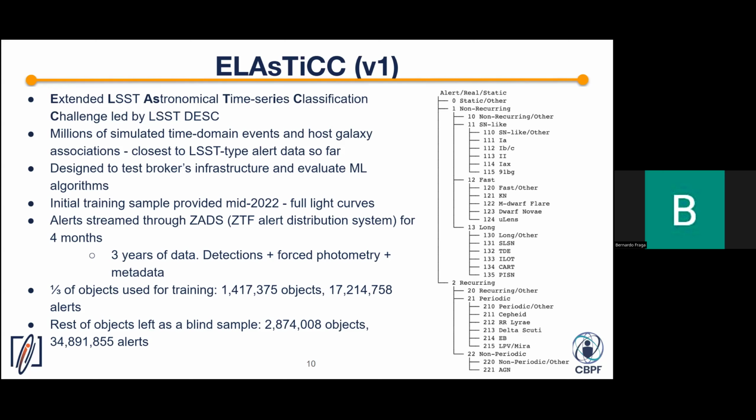This would comprise 3 years of data, including detections, forced photometry, and metadata, which are the redshifts and stuff like that. And after some point they unblinded this test set, which are the alerts.